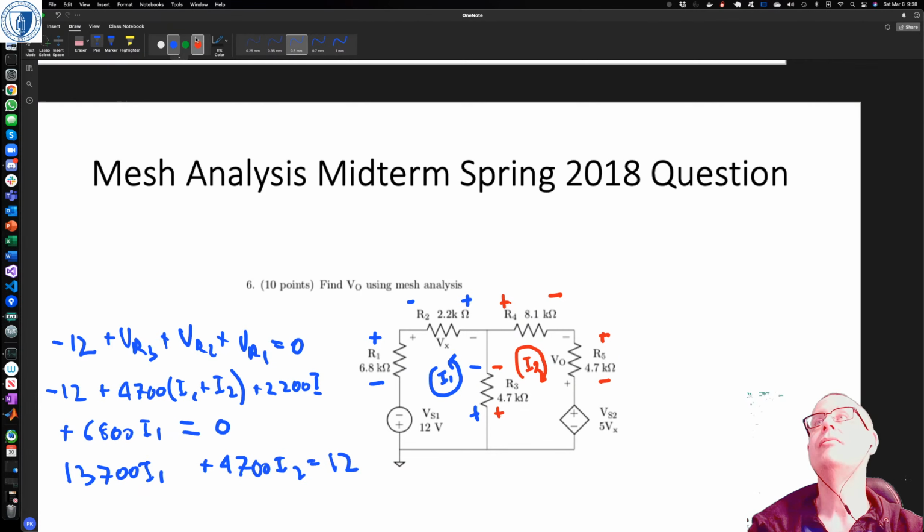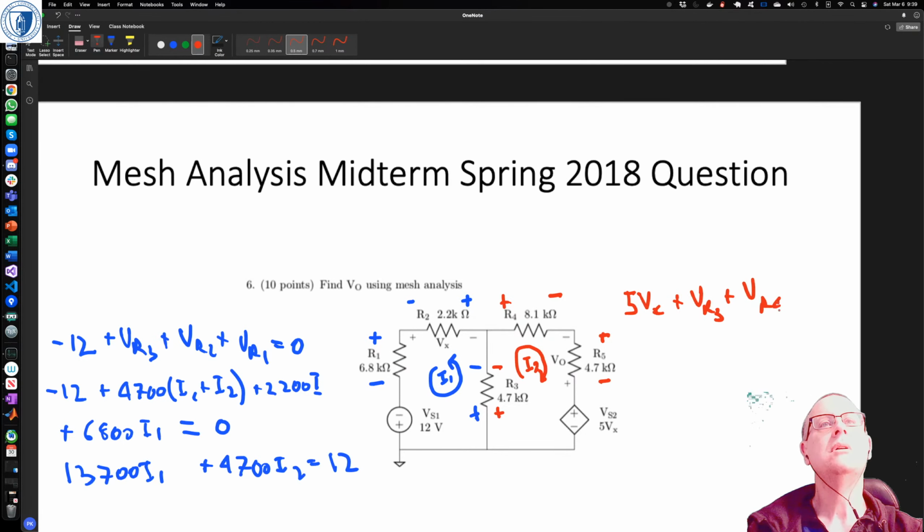And then on this side, we're going into the positive side of VS2, so it's 5Vx plus VR3 plus VR4 plus VR5 equals 0. So 5 times Vx. Now Vx, this is where the problems start cropping up.